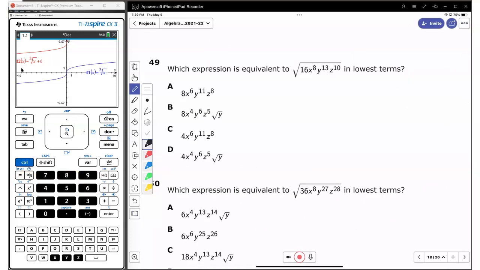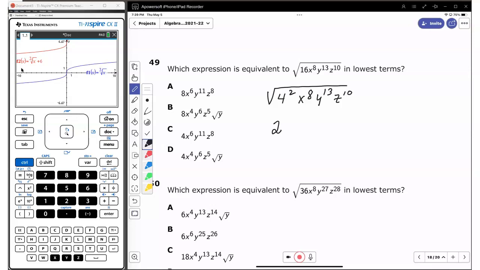49. Which expression is equivalent in lowest terms? So we have the square root, and we know 16 is 4 squared, x to the 8th, we have y to the 13th, and z to the 10th. Now, when we get the square root of 16, we notice that it's going to be 4.